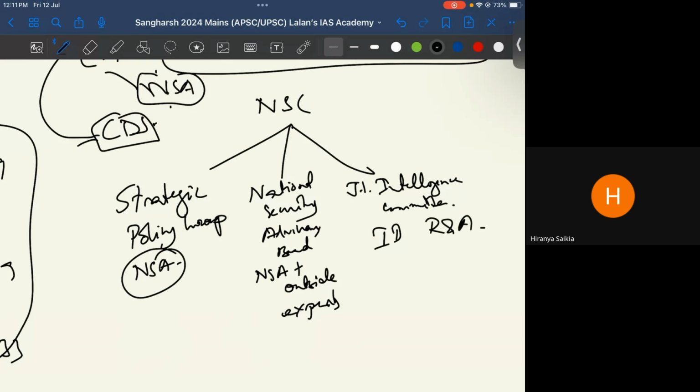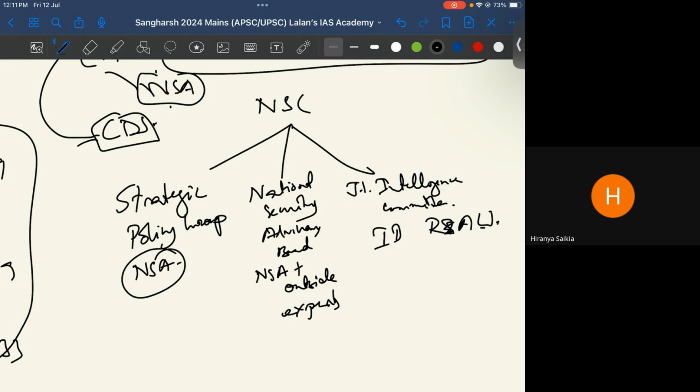Nowadays it also performs a major role in cyber security; there is a National Cyber Security Coordinator within the NSA secretariat, which looks into and advises with respect to cyber security.